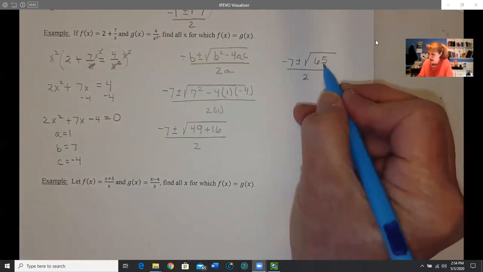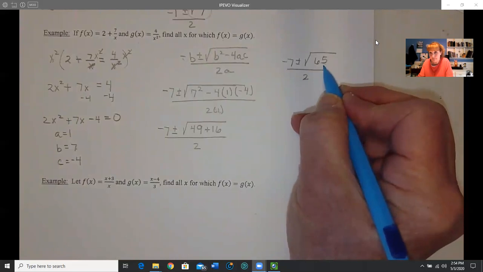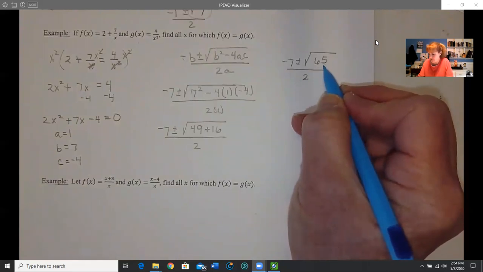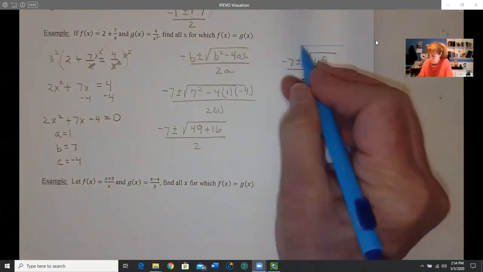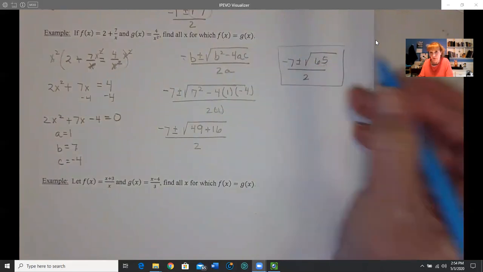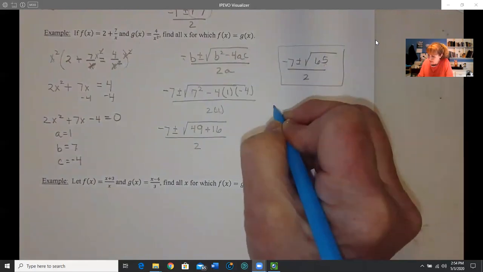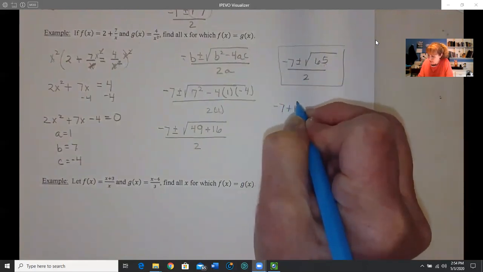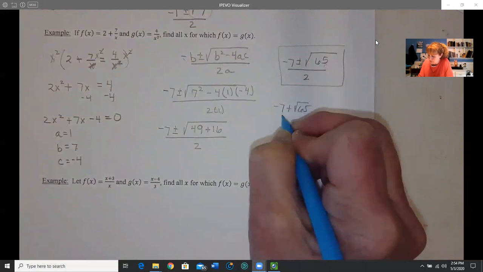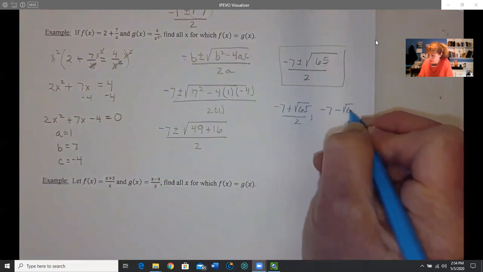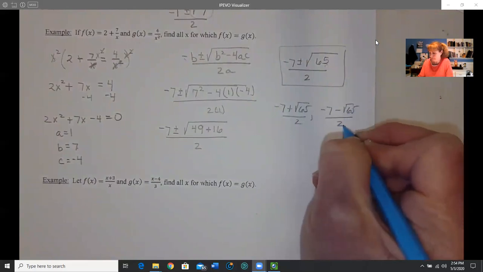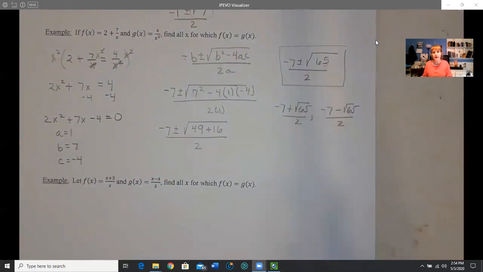So this is 5 times 13. And so there's not 2 of anything. So you can just leave it like this. You cannot reduce it any further. They may want you to write it as minus 7 plus the square root of 65 over 2, and a minus 7 minus the square root of 65 over 2. Or you could just leave it like that, because you can't reduce the square root of 65.